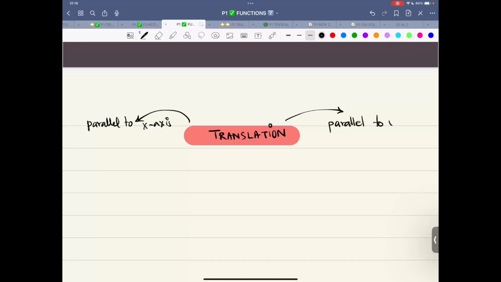So I'm writing everything very fresh. The concept is y equals f(x plus or minus h). And over here, parallel to the y-axis, this is f(x) plus or minus k.